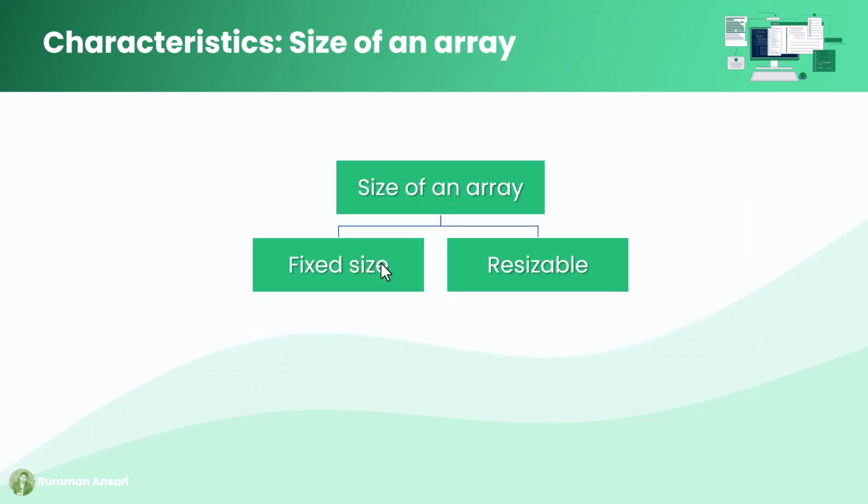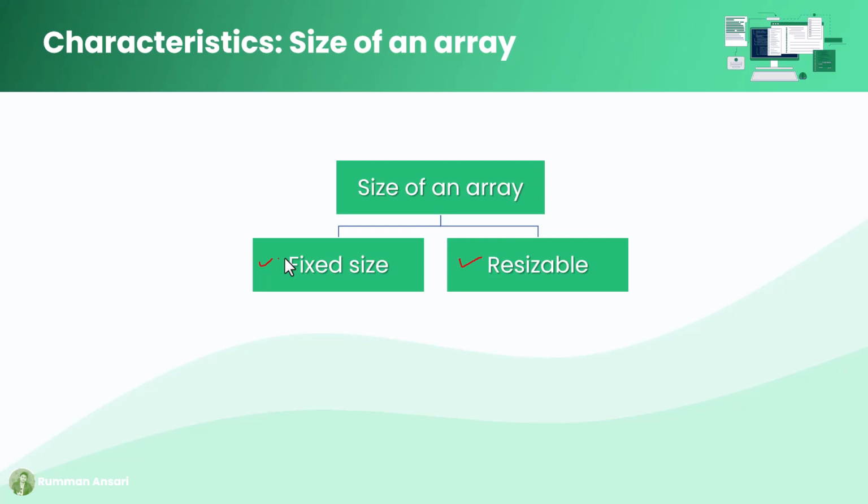Now let's move to one other characteristic, that is the size of an array. The size of an array can be fixed or resizable. It means at runtime, when your program executes in the runtime environment, you cannot resize the array for a few programming languages, and for a few programming languages the size of the array can be resized at runtime. In a few programming languages, at the time of writing code you have to specify the size of the array.